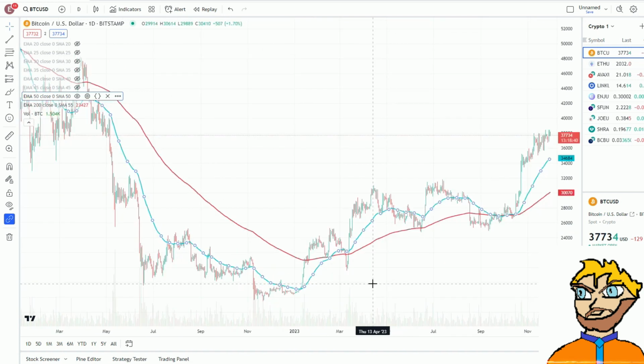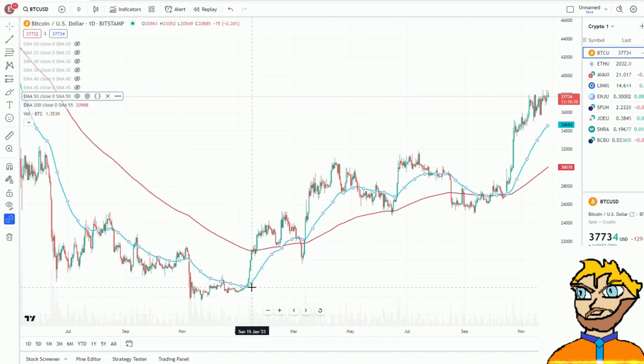But now the blue line, the 50-day moving average, is crossing again to the upside, above the 200-day moving average. And if we see around 5 candles staying above the line, we can assume that the trend is turning and we go to the upside if we are above the 200-day moving average.